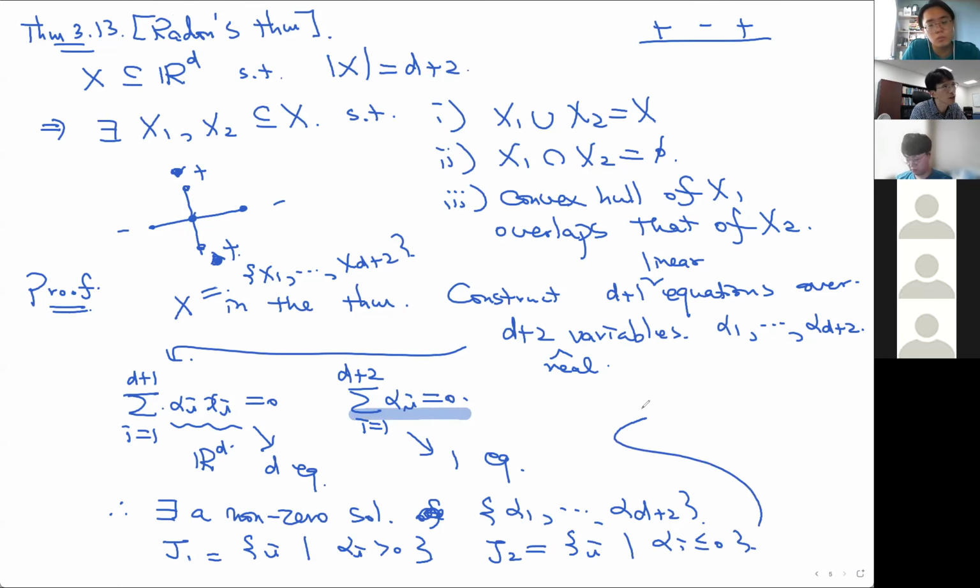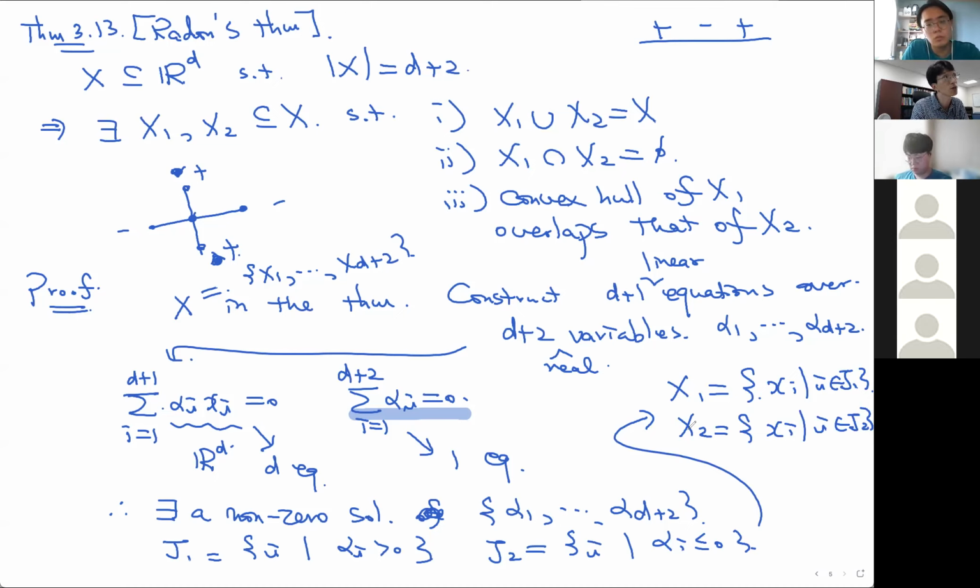Then finally, if we set X1 to be the x_i with index in J1, and X2 the x_i with index in J2, then it satisfies the property that I described there.